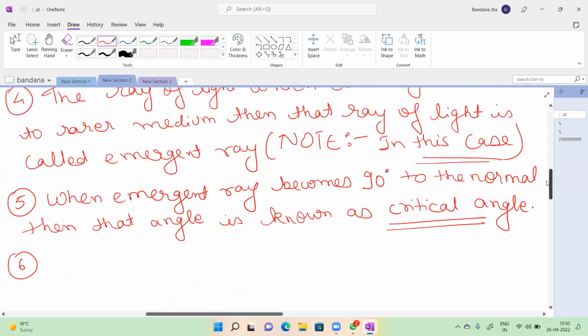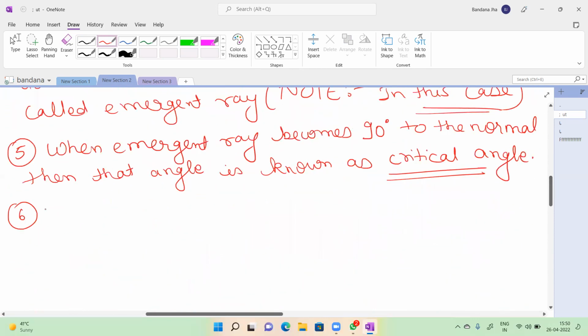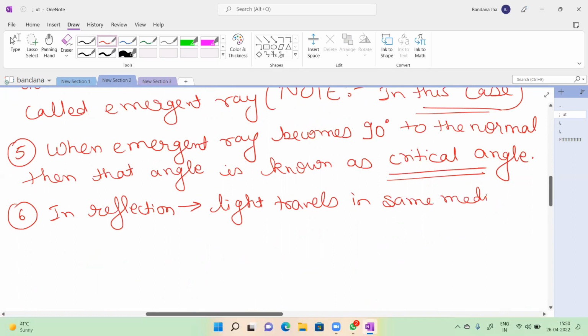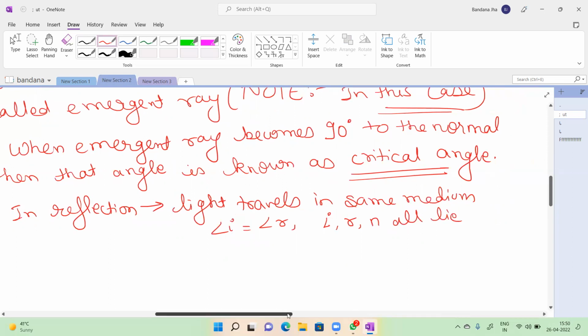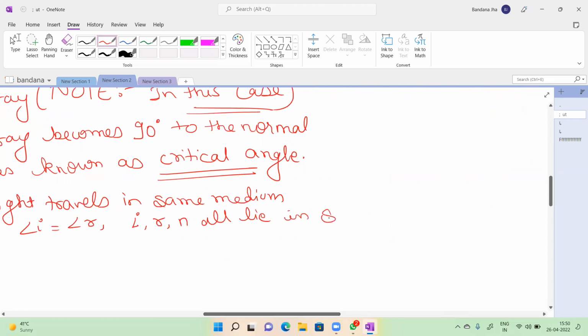And which are the two different mediums again? In reflection, light travels in the same medium. Angle I is equal to angle R. I, R and the normal all lie in the same plane. Correct?